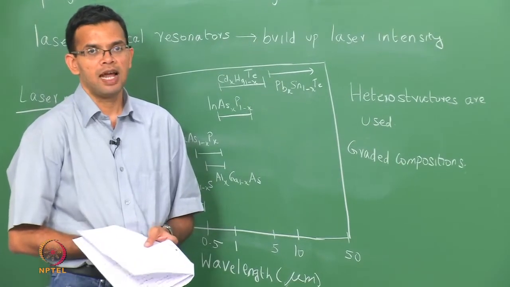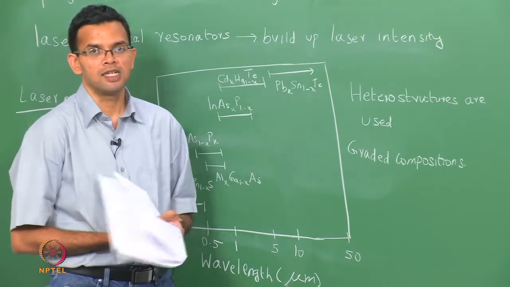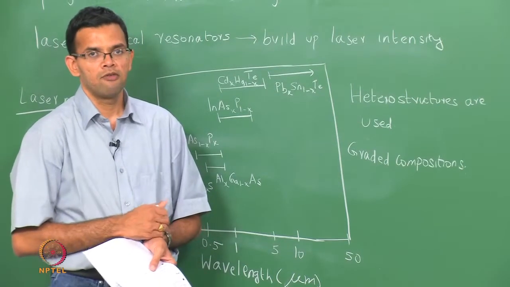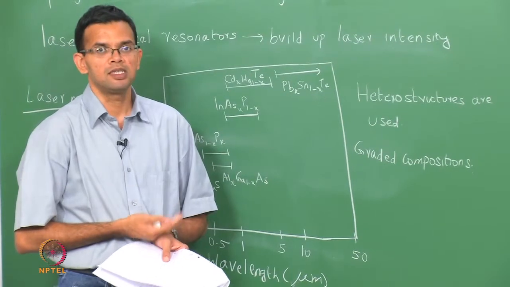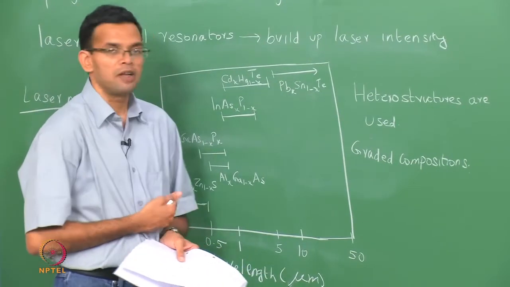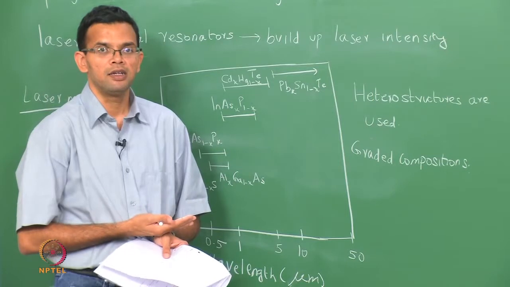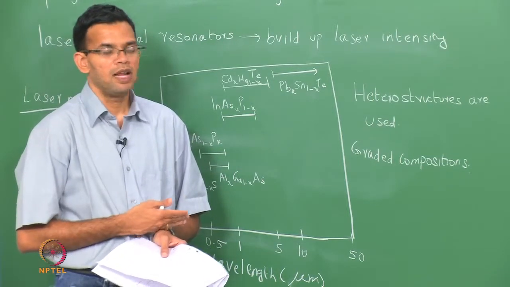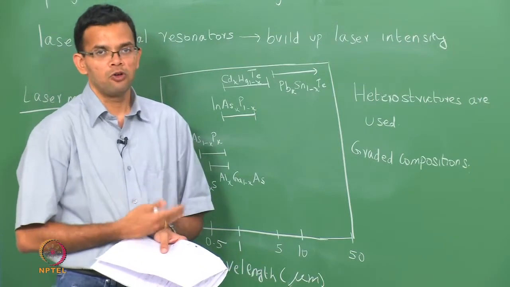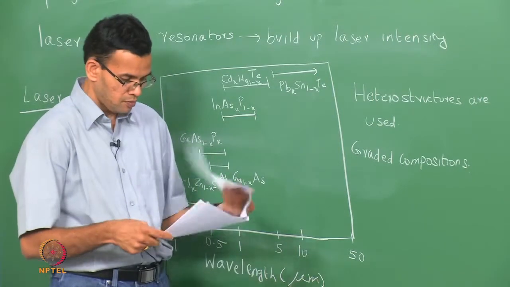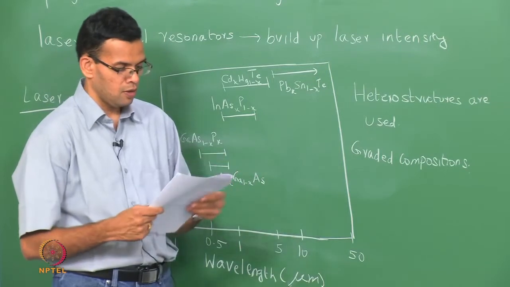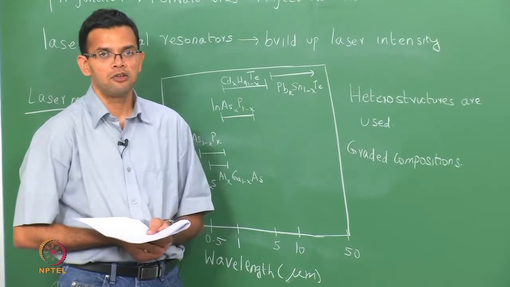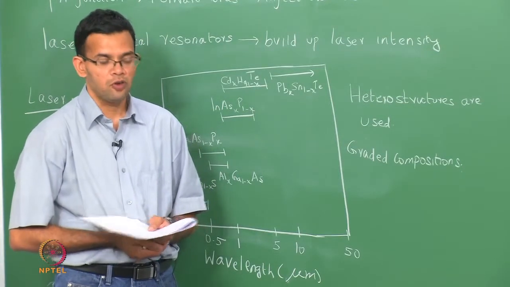If you have a huge lattice mismatch, that leads to defects at the interfaces. If you want to grow epitaxial layers, we want to have lattice parameters as close as possible. So, graded compositions help to achieve that, because they give you the change in the band gap, while at the same time allowing you to grow epitaxial layers. As we mentioned earlier, usually a double heterostructure model is used for lasers.